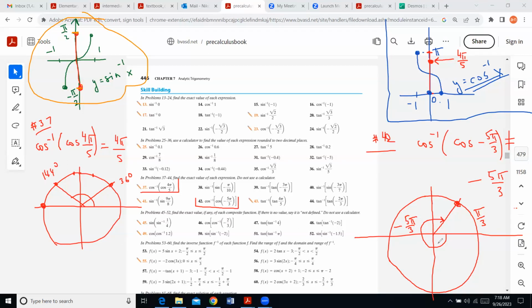So if you have an angle out of range, get its coterminal angle that is in the range. And the range of arc cosine is from 0 to pi. So negative is not there, but pi over 3 is here.